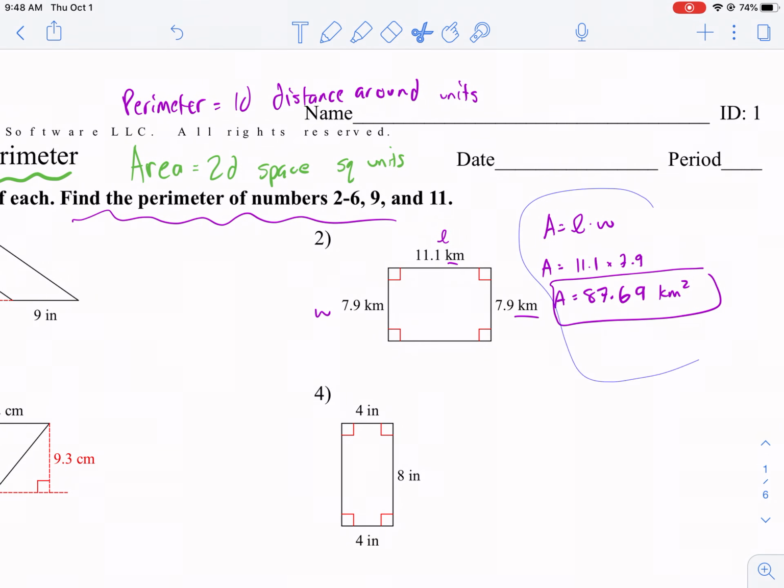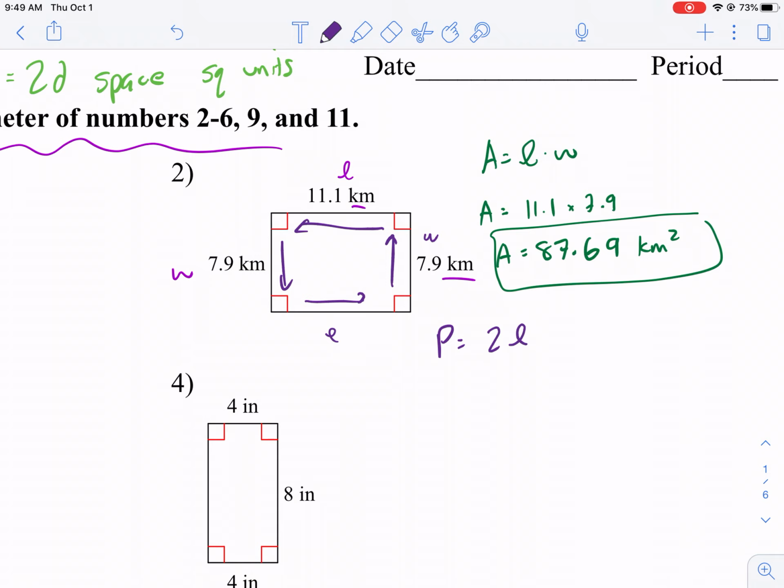Essentially what we're doing with perimeter is adding up all the outside edges. That's what you can do with any shape. What you'll notice with rectangles in particular is that we have 2 lengths, the same length across from each other, because it's a type of parallelogram. So we can multiply 2 times the length plus 2 times the width. 2 times 11.1 plus 2 times 7.9.